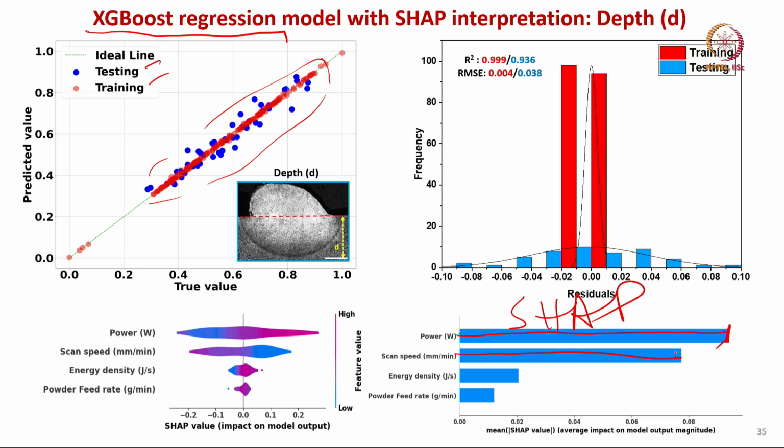In earlier cases scan speed is important, but here power is much more, 0.09 for example, compared to scan speed. That is very clear, and the R-square value is 0.999 for the training data set. For the testing data set it is 0.936 and the RMSE value is 0.038, reasonably close to 0, or very low.